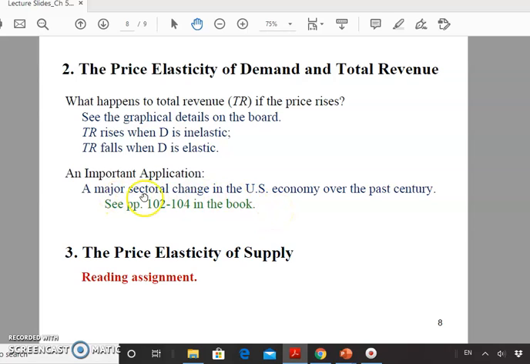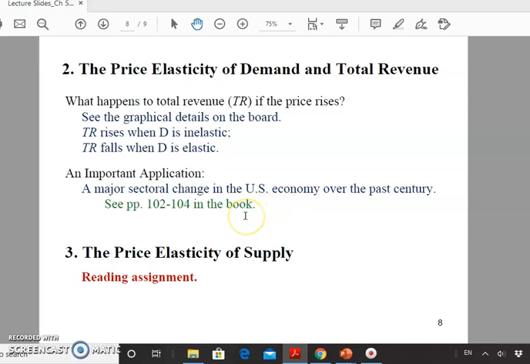Okay? So there's a major sectoral change in the U.S. economy. And so we're talking about people moving out of the agricultural sector and into the manufacturing or services sectors. Okay? For such an important macroeconomic change, we can still use the price elasticity of demand to make sense of that. Okay?